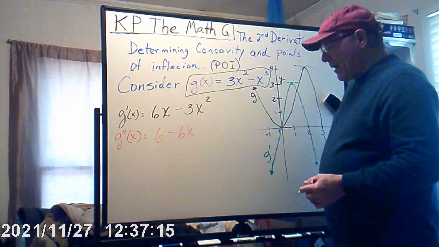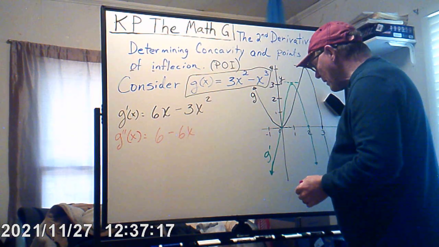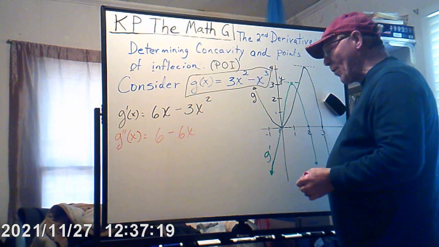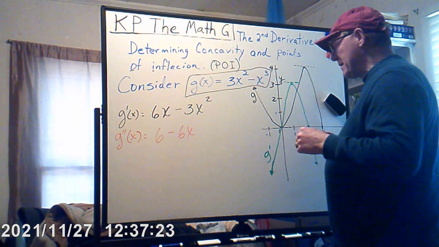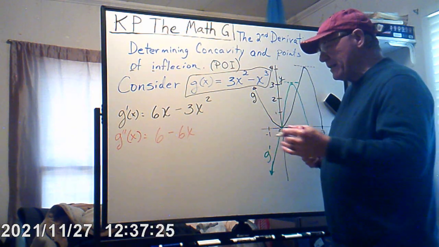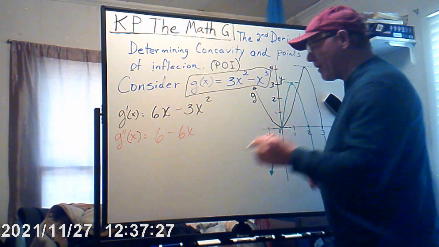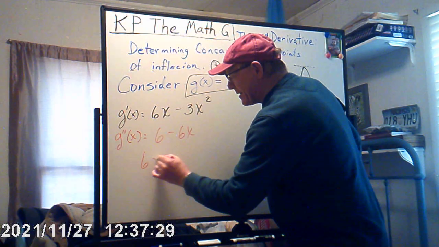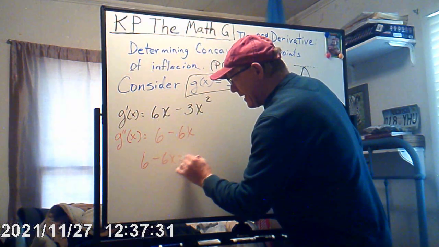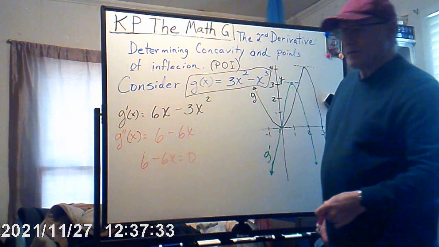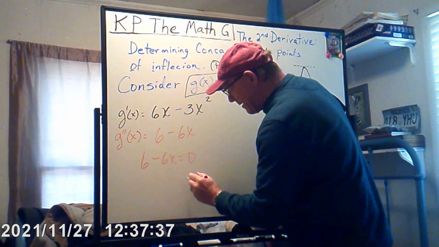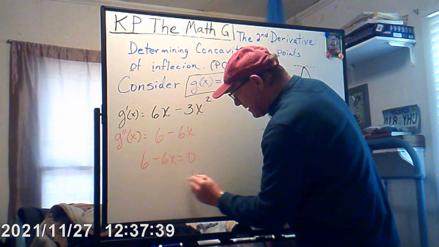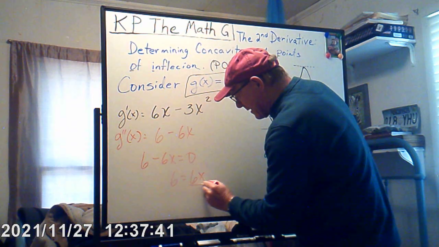We want to know where exactly that point of inflection is, and the way to do that is to set this equal to 0. Well, this is easy. I'm just going to bring the minus 6x over here and solve it this way. 6x equals 6.